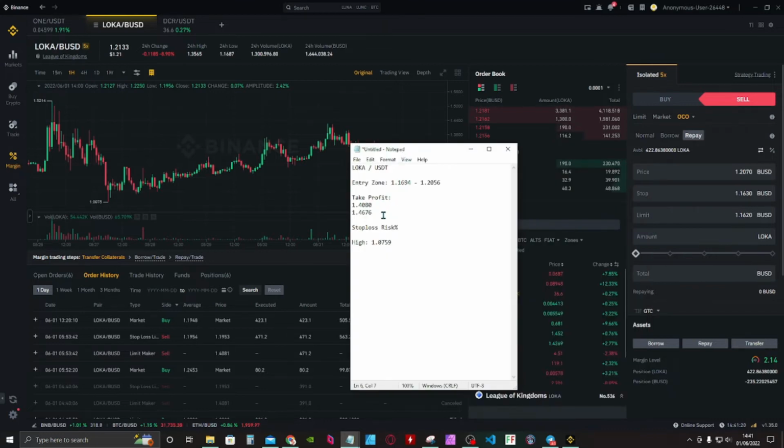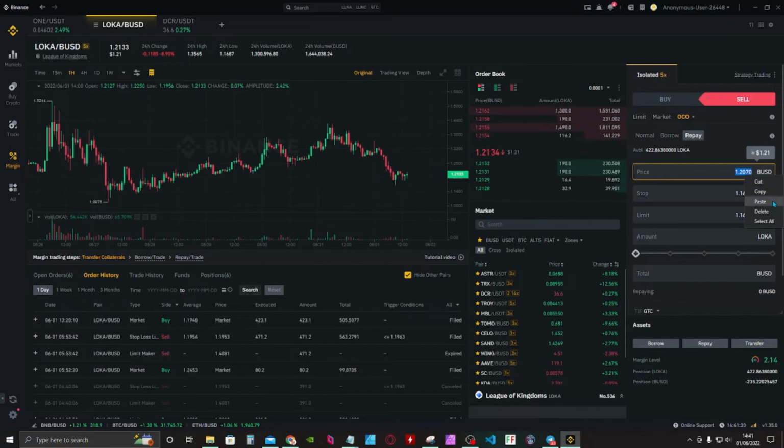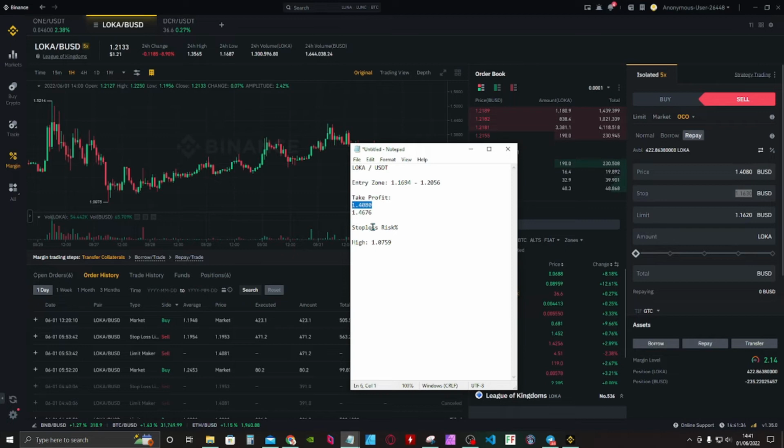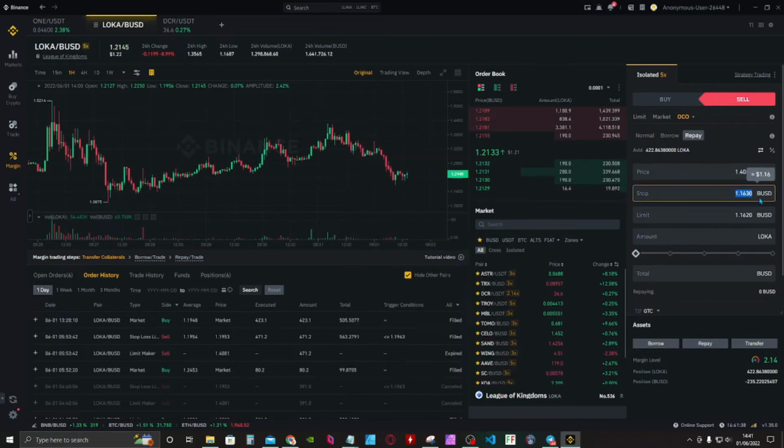So the first one we're going to start with is the 1.480, because this one is the closest one. So we're going to say take profit around this area. Then we're going to stop it here, 1.0759.